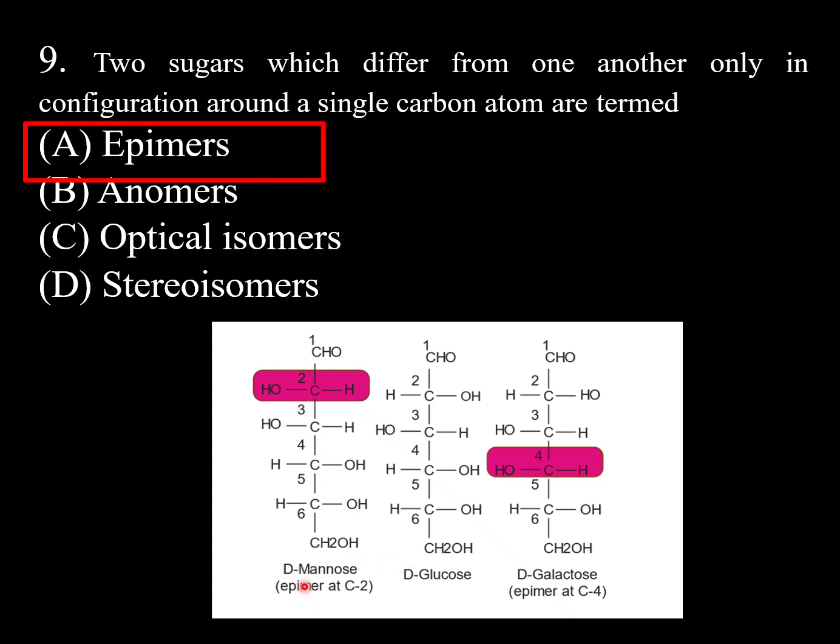We can say that mannose is an epimer of glucose at carbon number 2. Similarly, galactose also differs at only one point, carbon number 4. All the structure is similar, but the difference occurs only at carbon number 4. Here the hydroxyl group is on the right side, while there the hydroxyl group is on the left side. So we say that galactose is an epimer of glucose at carbon number 4.